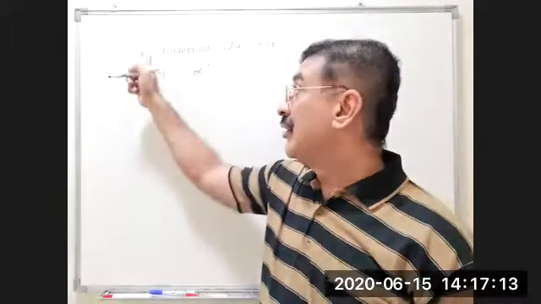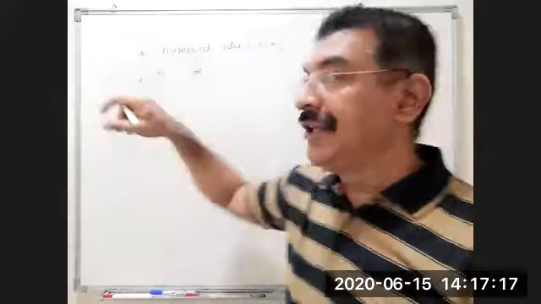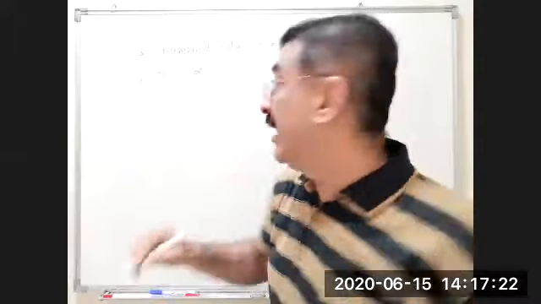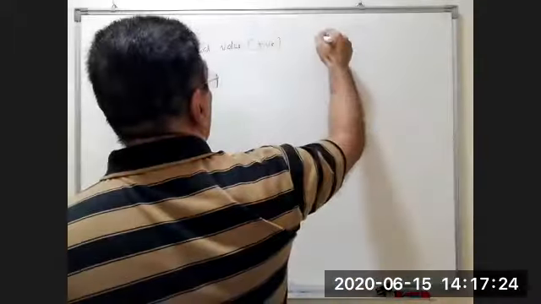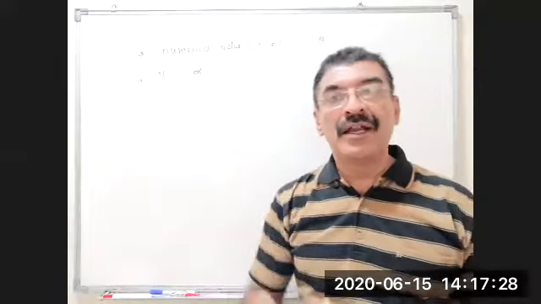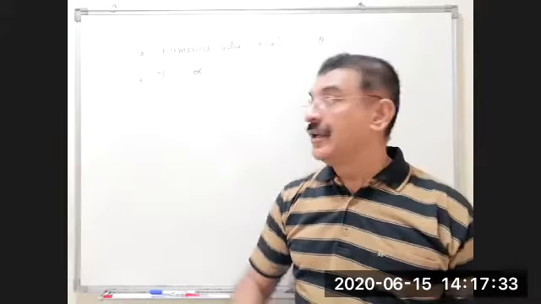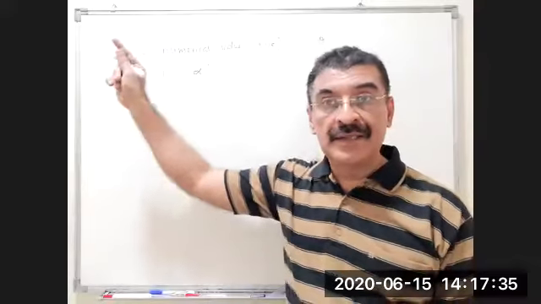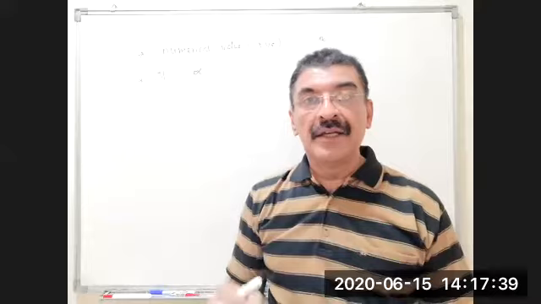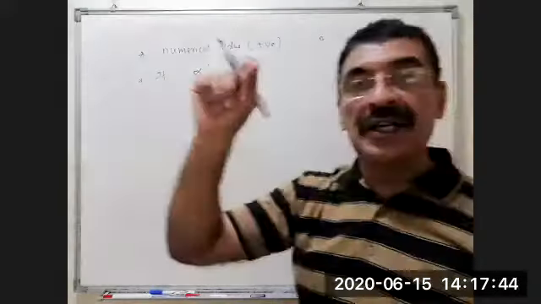For the first point, make a correction: taking the numerical value, the angle is considered as theta. I repeat the first point: taking the numerical value, that is the positive value, find the measure of the angle theta in quadrant 1.